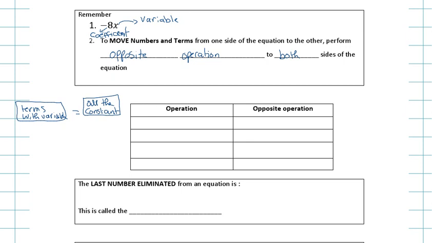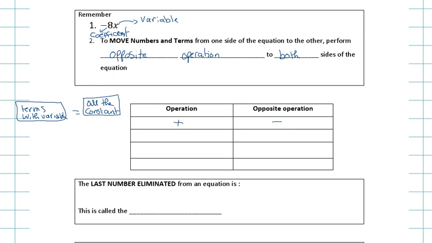Remember that if your operation is a positive, and then you're moving it, you're bridging the equal sign, what does your operation become? What's the opposite of positive? Negative. So the opposite operation is negative. So when you bridge it over, it's gonna become negative.